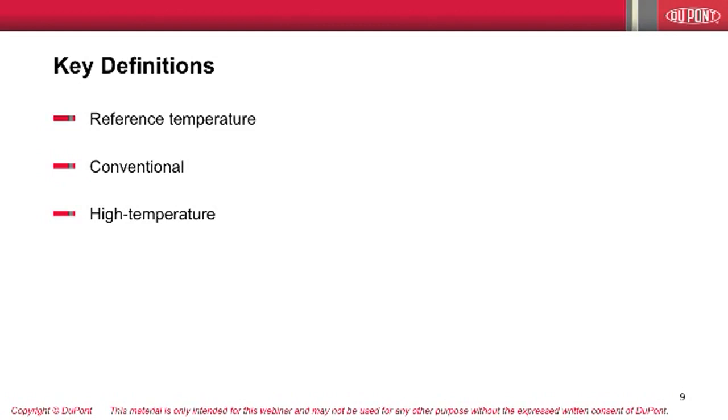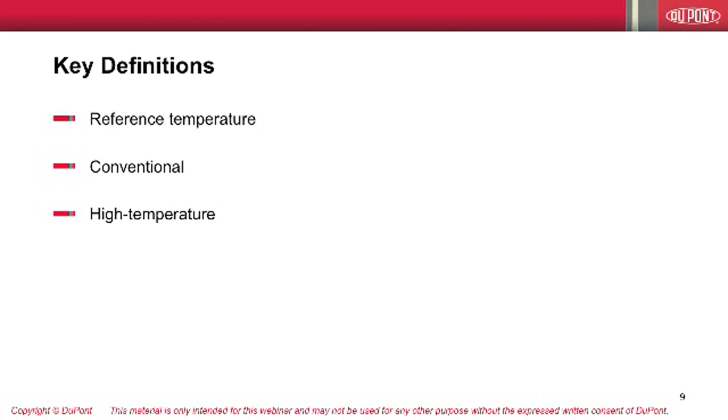The word conventional has a special meaning in this document. It is a description applied to temperature rise limits, insulation materials, or insulation systems operating at temperatures within the normal thermal limits of C57.12.00. And just to be clear, the thermal limits for the winding are defined as 65 degrees C average temperature rise, 80 degrees C hottest spot temperature rise, and 110 degrees C hottest spot temperature.